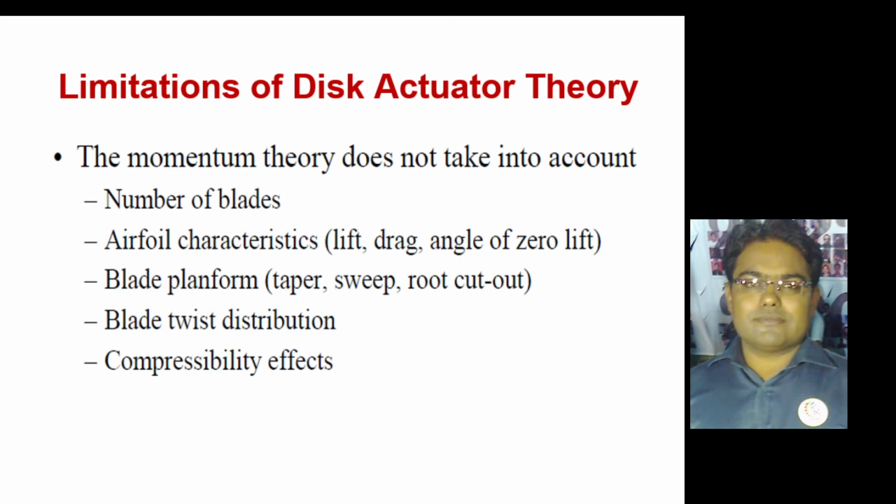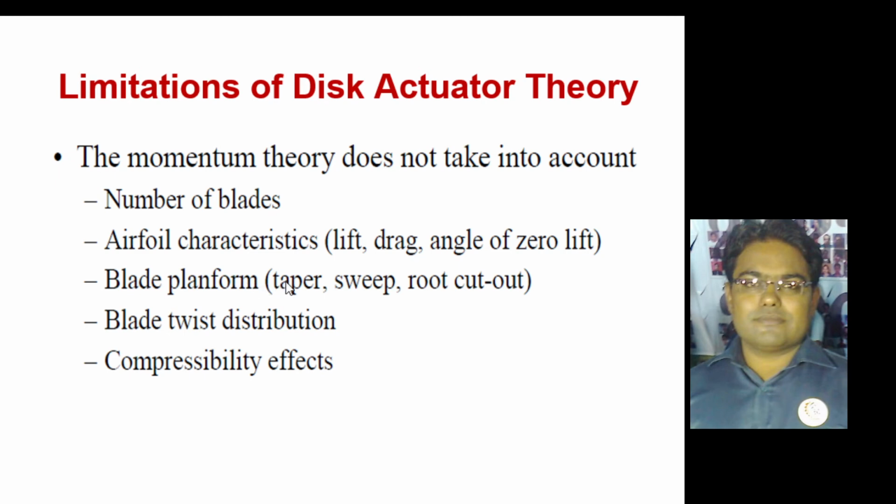Because we know that if we change the airfoil characteristics, we will have to change the angle or zero lift angle of attack in order to change the overall thrust generation through that airfoil. The next one is blade planform.